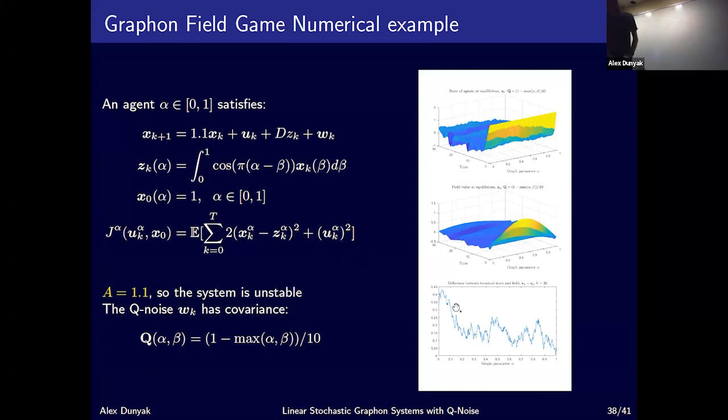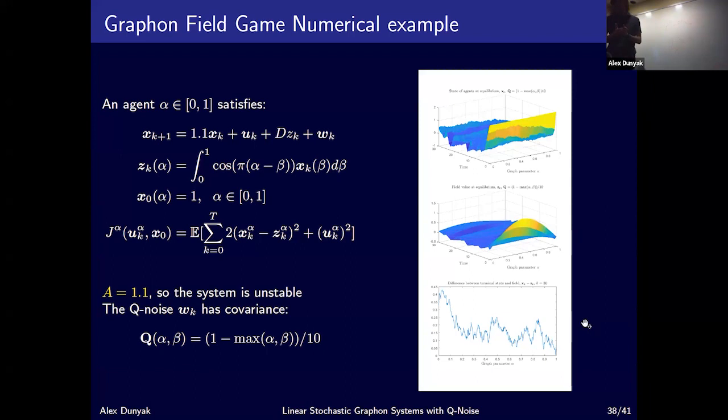We can see that on the top here we have the state of the agents over time from k equals 0 to k equals 30. In the middle, we have the local field at each node. As you can see, it's being operated on by this cosine function.